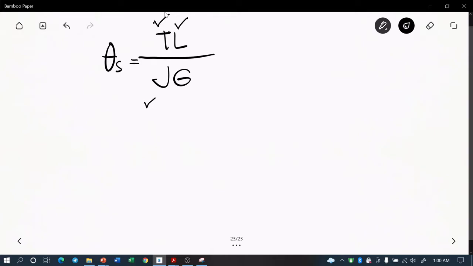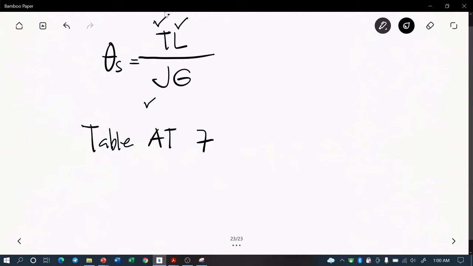Now, what is the modulus of rigidity of steel? Okay, so you can find the value of the modulus of rigidity G in table 87. So kindly look up table 87, and in the upper part of table 87, the G for iron and steel is stated there.